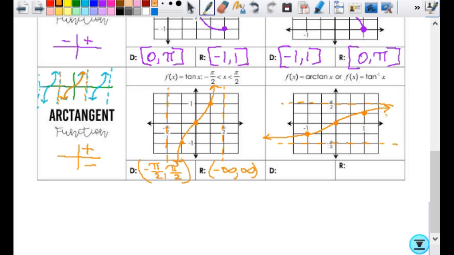Like so. So what is the domain then? Negative infinity to infinity. And the range goes from negative pi halves to pi halves.